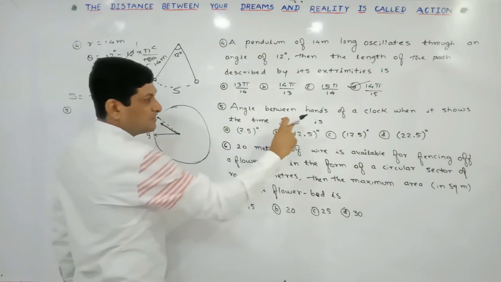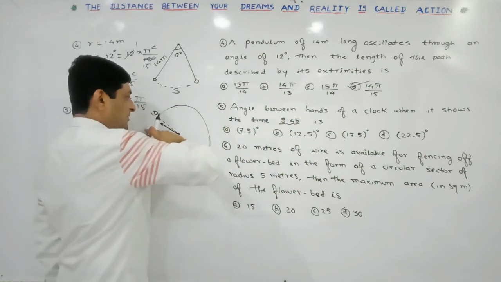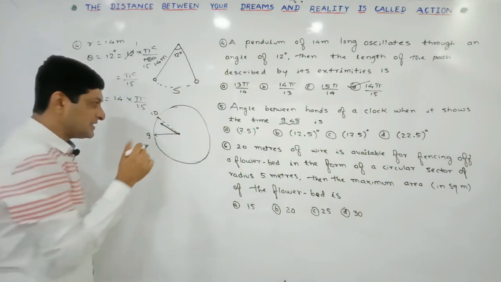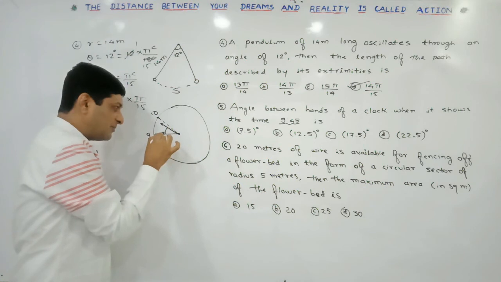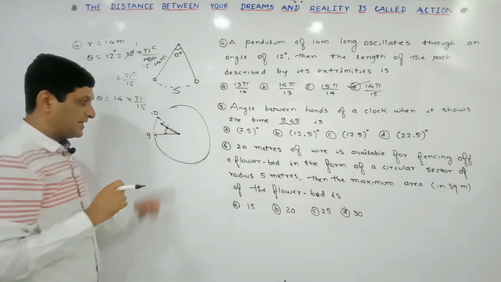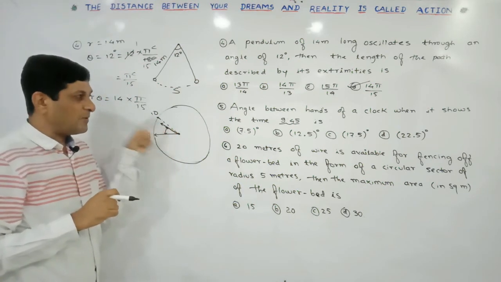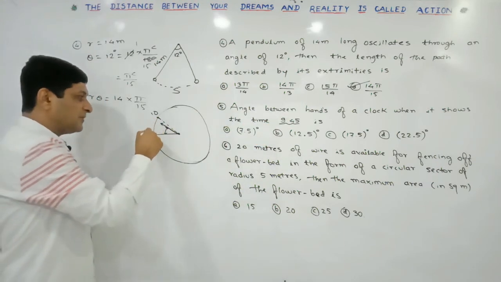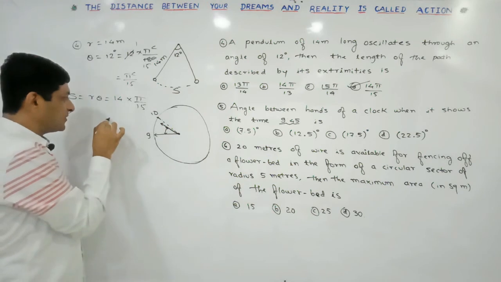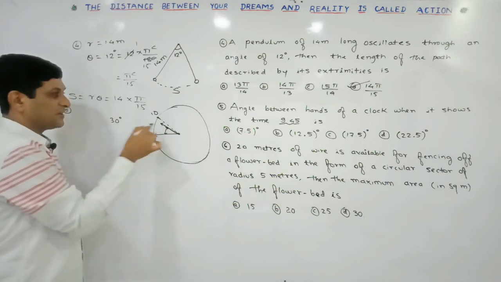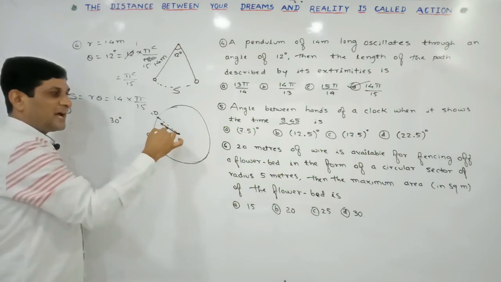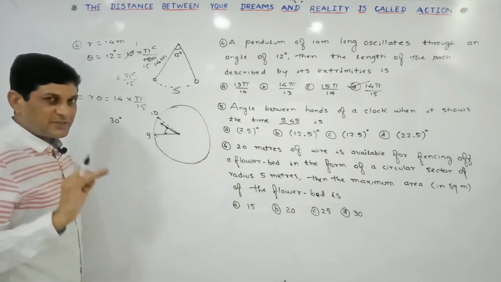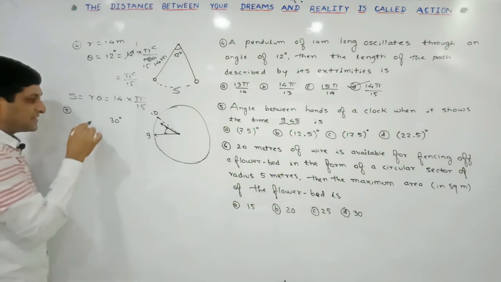Because in 45 minutes it will trace some angle at the center, and this angle we have to find out, the angle between this minute hand and the hour hand. This will be the position of the hour hand at 9:45. We know that the angle between any two consecutive marks is equal to 30 degrees. Now out of this 30 degrees, the hour hand has already crossed some angle here. So let us see how much angle will be crossed by this hour hand.